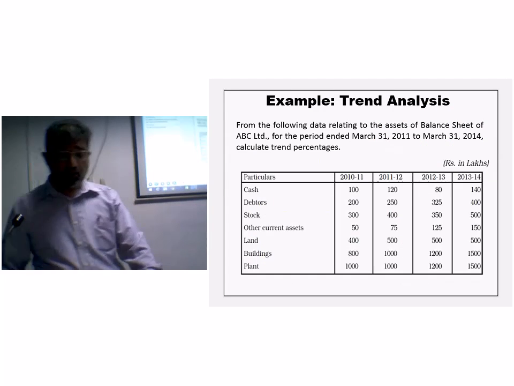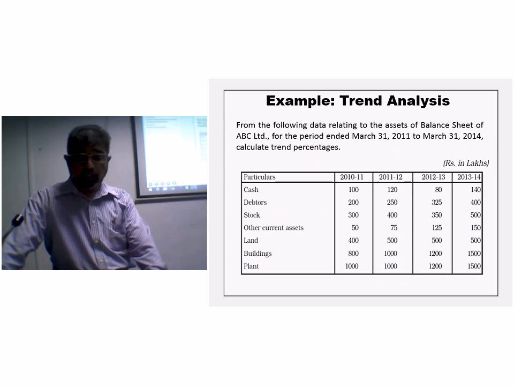Again if you go to the trend analysis, you can see the line items in the balance sheet or the statement of financial position. You can see cash, debtors, stocks, other current assets, land and non-current assets also here, land, building and plant.